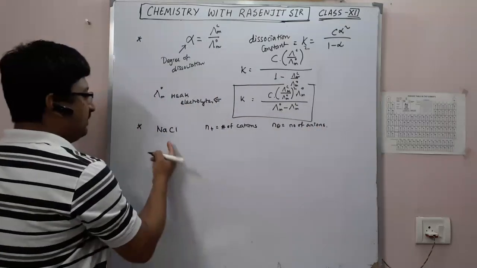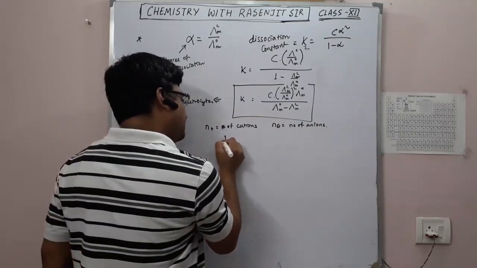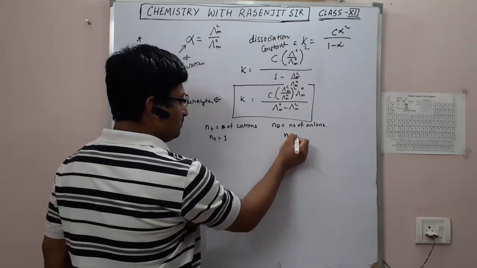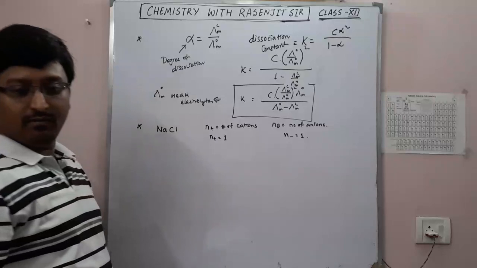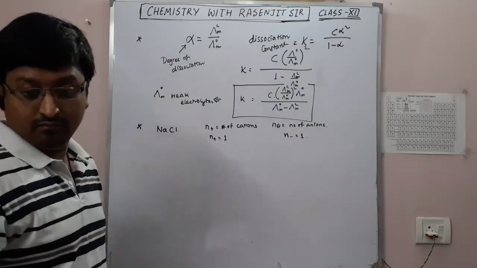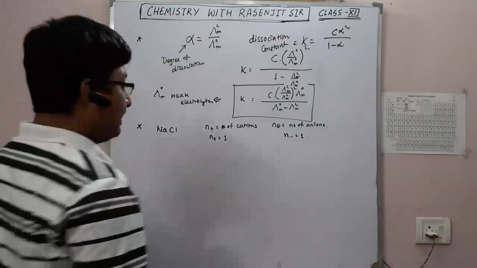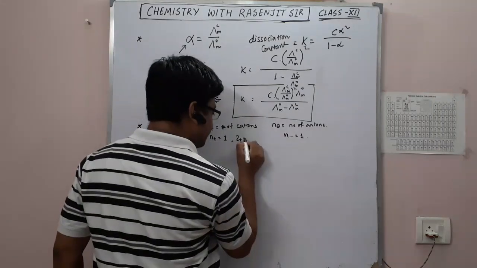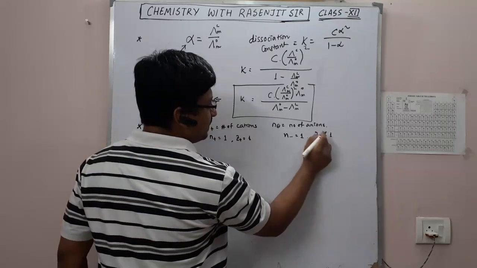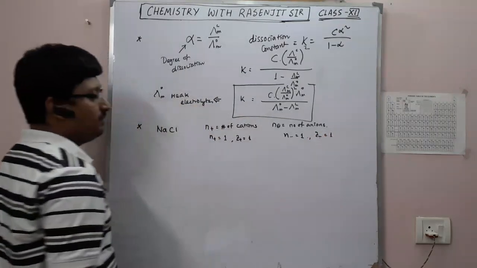For NaCl, N plus is one, N minus is also one, Z plus is one, and Z minus is also one.